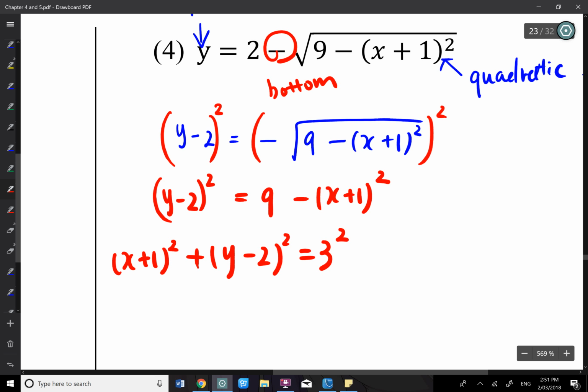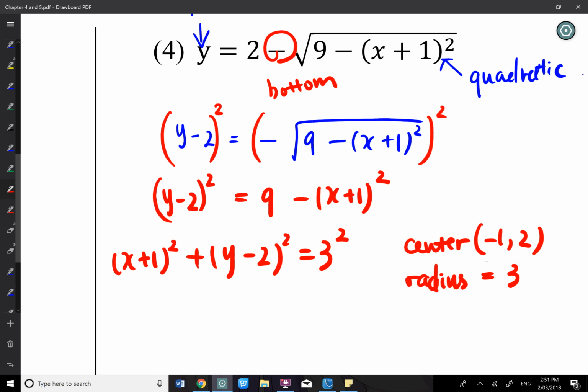So now I can see my center. My center is negative 1 and 2. And also I can see my radius. My radius is 3. Okay, you must rearrange it right.